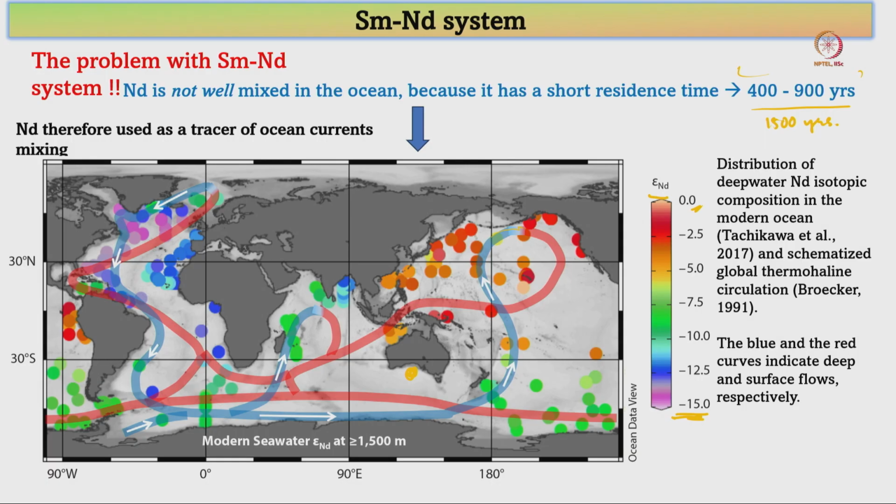So, when we are using such isotope systems, what helps us understand? It helps us understand, as a tracer of ocean currents, how it is mixing in the different ocean masses. It helps us identify separate ocean masses, something that is not mixing very well.